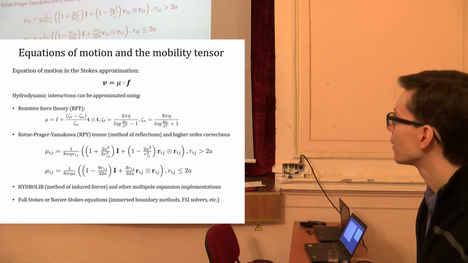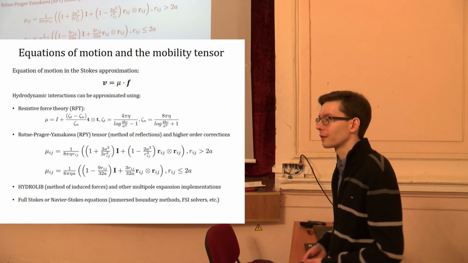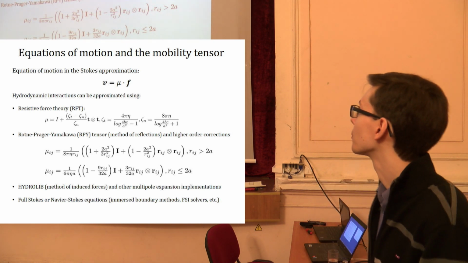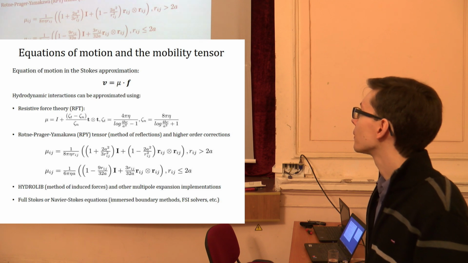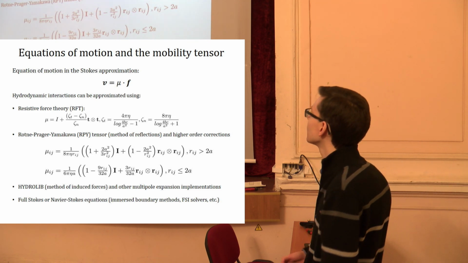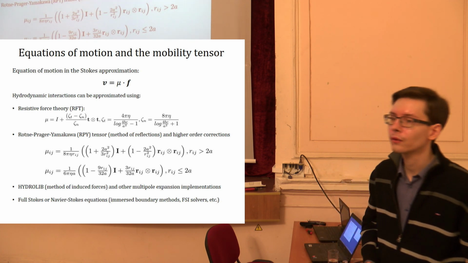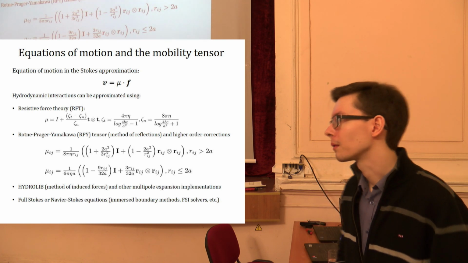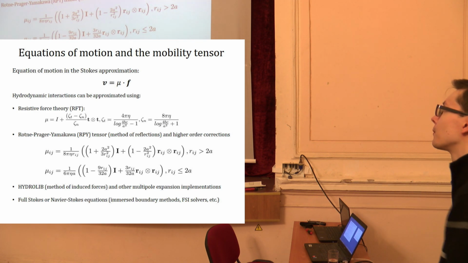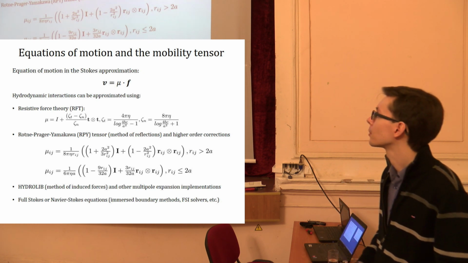Now, all of this relies on the idea that the filaments are very small, they move comparatively slowly, and so we are entirely in the Stokes regime. Reynolds numbers are very small, and in that regime, because flows are stationary, it can be shown that the entirety of the complexity of this hydrodynamics can be condensed into a single mobility tensor, or equivalently its inverse, the resistance or friction tensor, which can be approximated by a variety of methods.